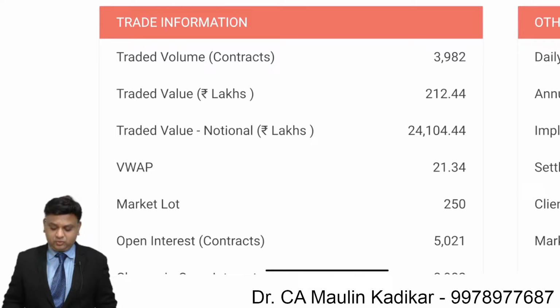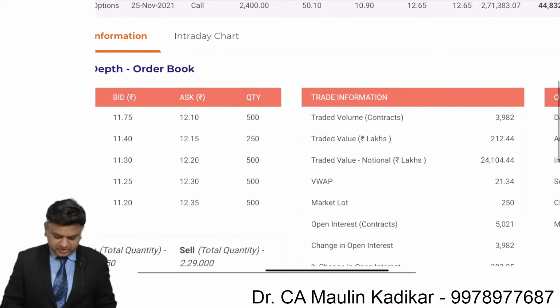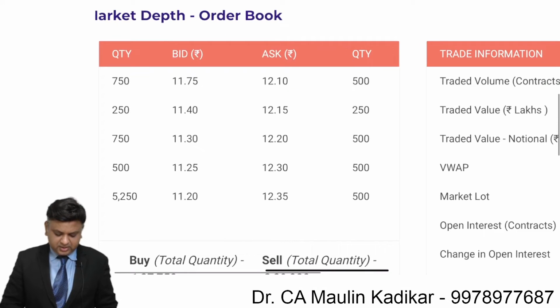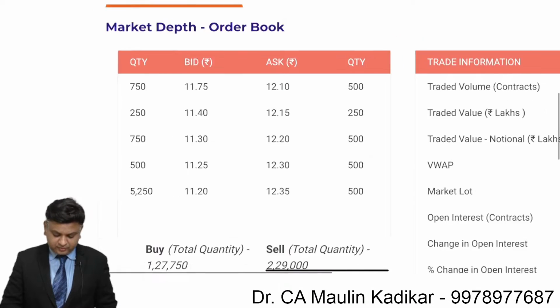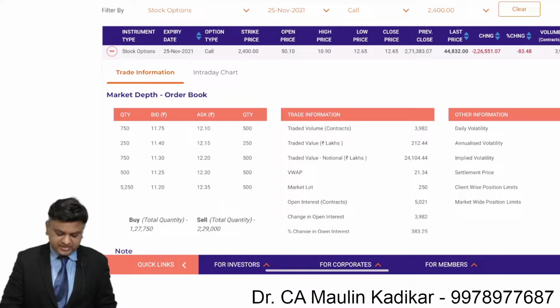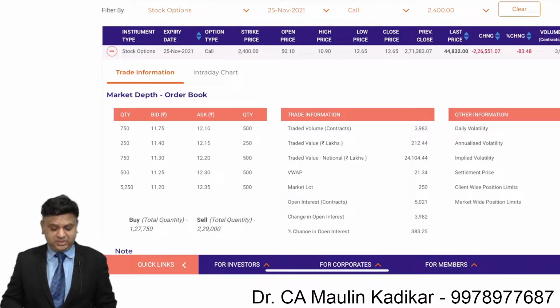So for strike price of 2400, if at all I want to purchase the option right now, then I have to pay premium of 12 rupees 10 paise. And if at all at that price I want to sell option, that is sale call option, I will get 11 rupees 75 paise. That is what we understand.